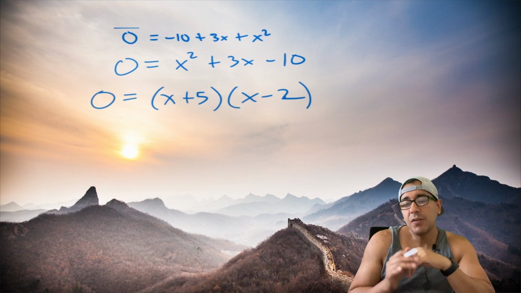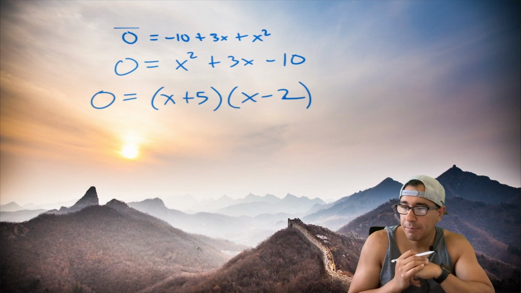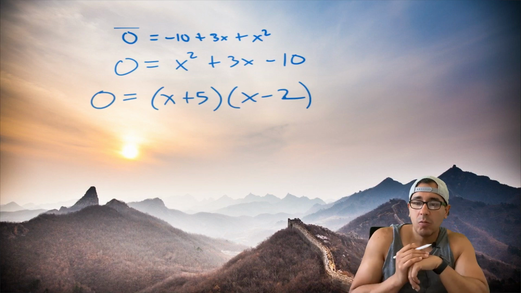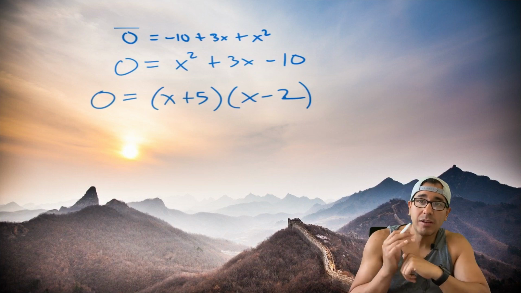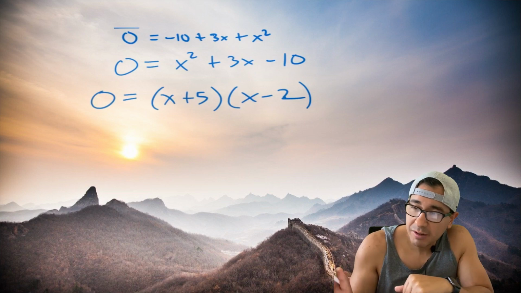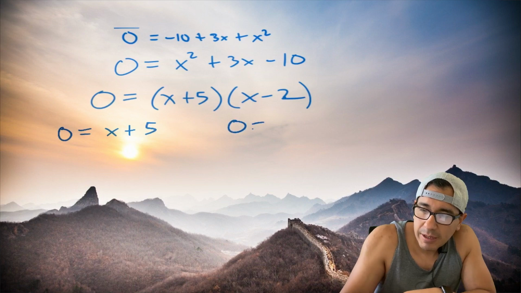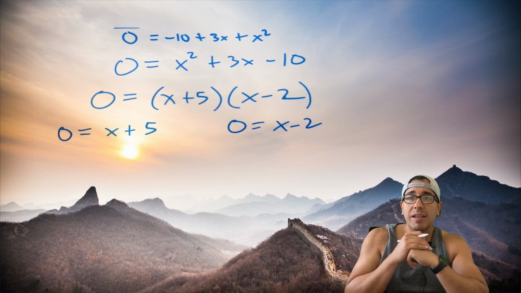So again, if you need a review on the factoring video, go ahead and click that button down below and we'll hook you up. So now we have x plus 5 times x minus 2 equals 0. So what we do using our zero product rule is we set each one of those factors equal to 0.